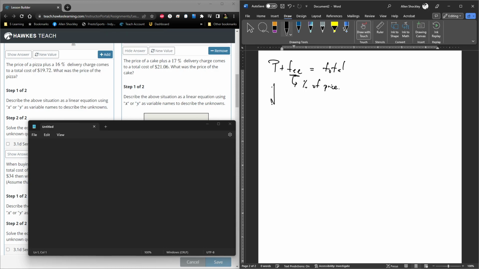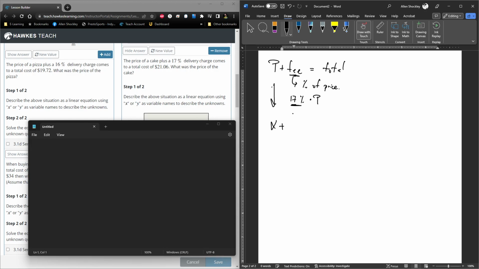And so for us in algebra, we're just going to say x. So x plus the fee. And the fee is set as a percentage of the price. And for us, they give us that it's a 17% fee. So it's going to be 17% of, which again just means times my price.